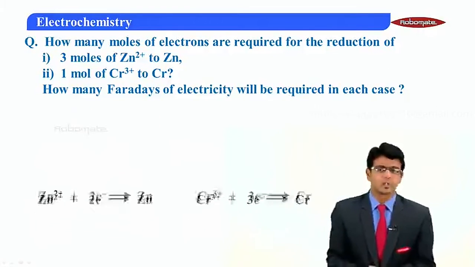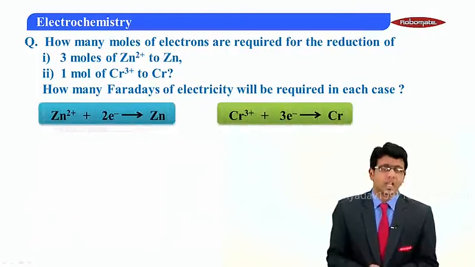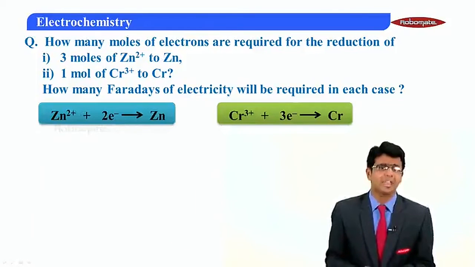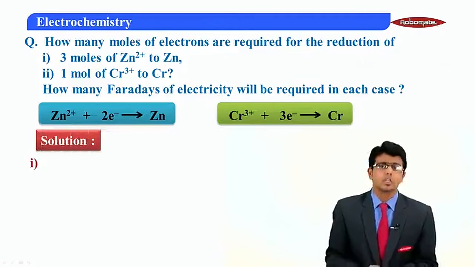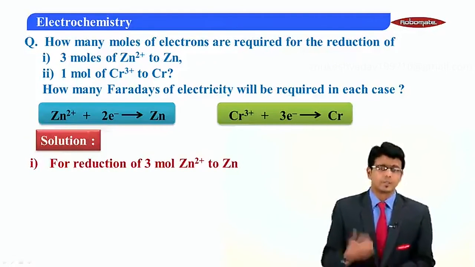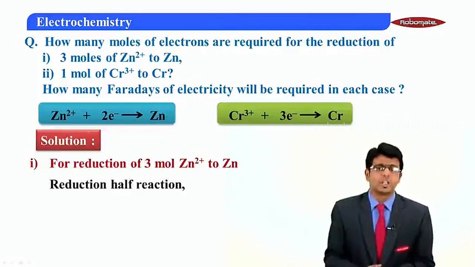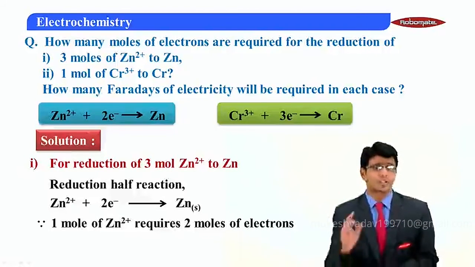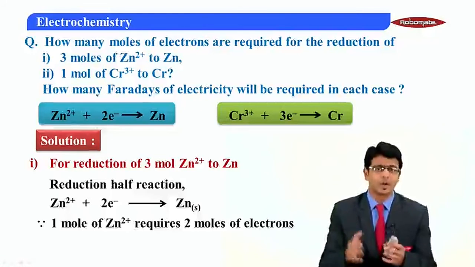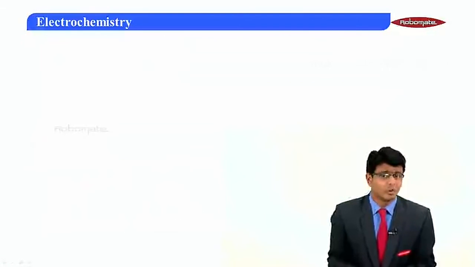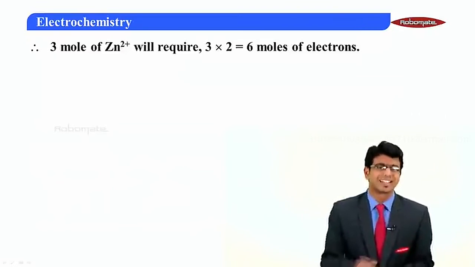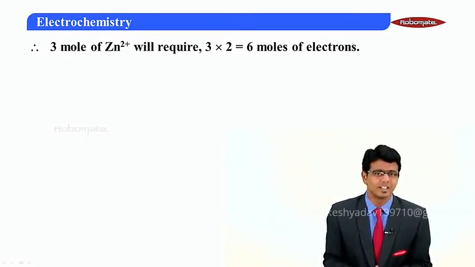So considering these two half reactions now, let us go ahead with finding the moles of electrons and Faradays. So, first is with respect to Zn2+ ions. We know that 1 mole of Zn2+ requires 2 moles of electrons, right, from this particular half reaction. Therefore, 3 moles of Zn2+ ions will require 6 moles of electrons, isn't it?